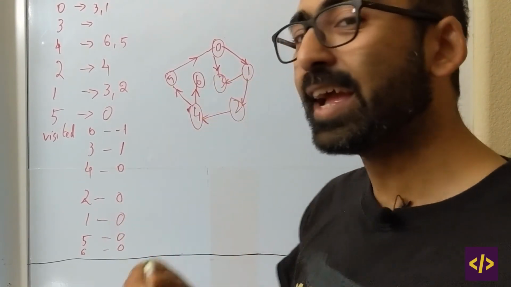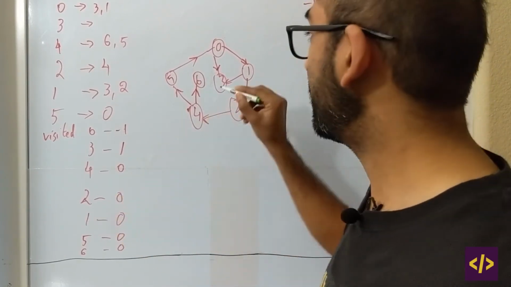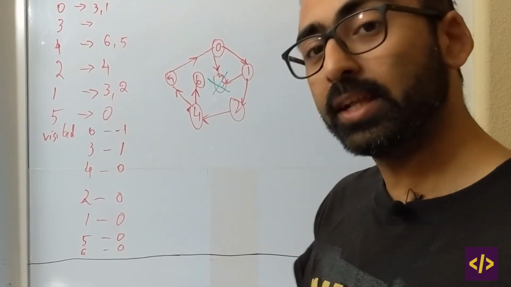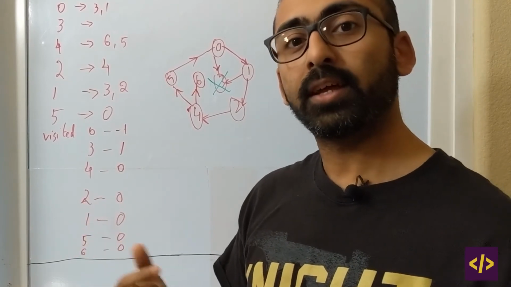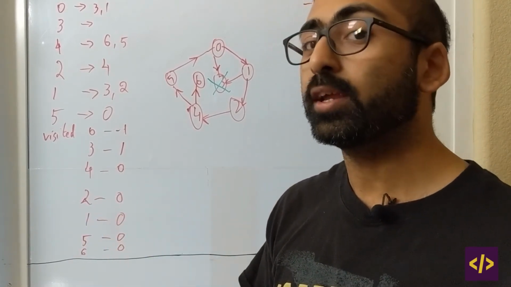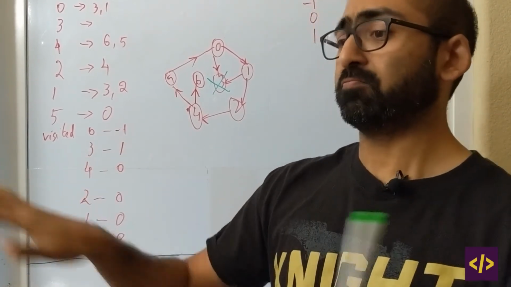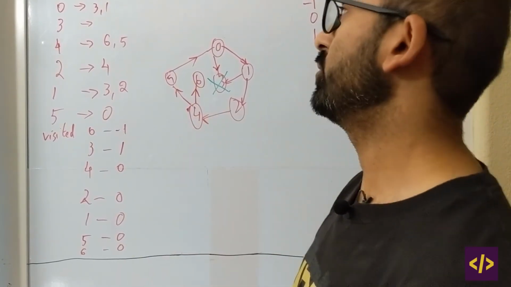So I can almost say that I've removed 3 from my graph, because every time I go through my adjacency list, I check, is this node's visited value 1? If it is 1, don't do anything, just come back. And that's exactly what is going to happen.